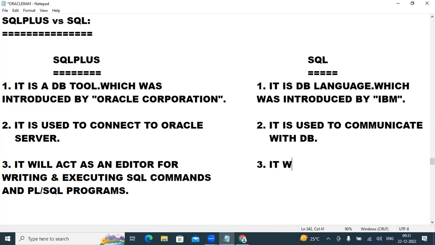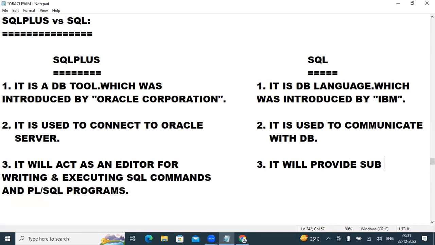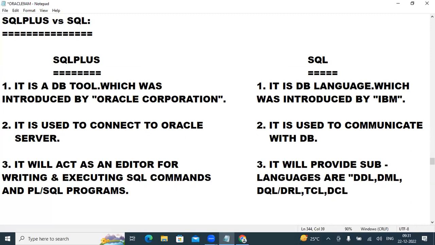SQL will provide sub languages: DDL, data definition language, DML, data manipulation language, DQL or DRL, data query or retrieval language, TCL, DCL.